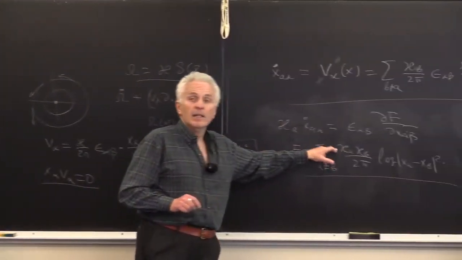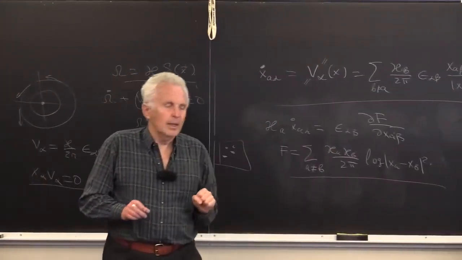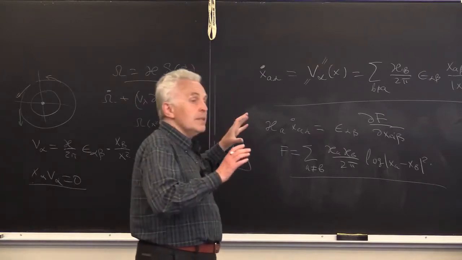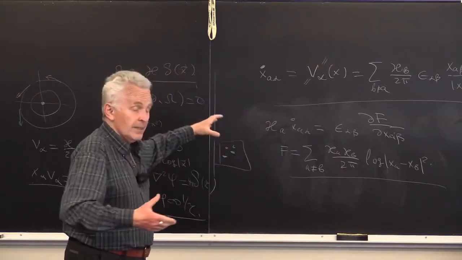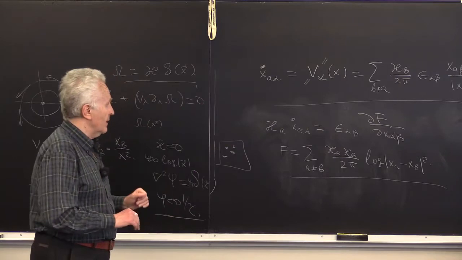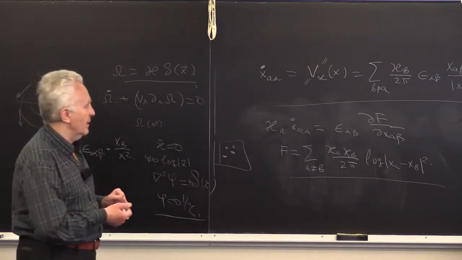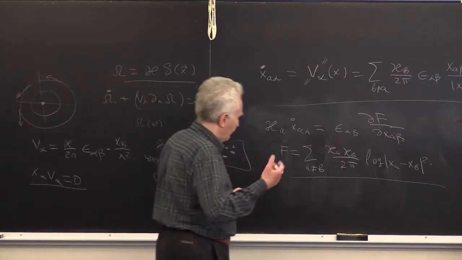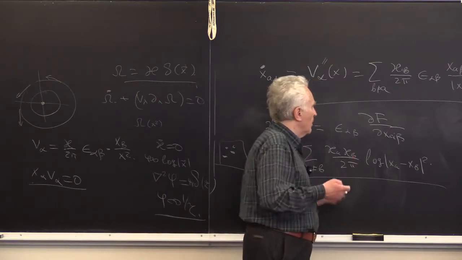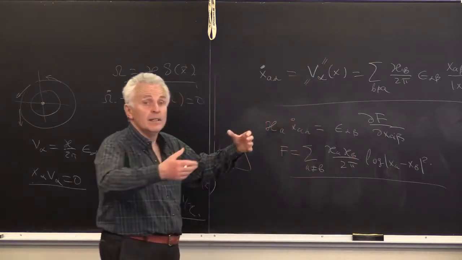Those vorticities are integers. They form a lattice in superconductors, and this lattice can oscillate.